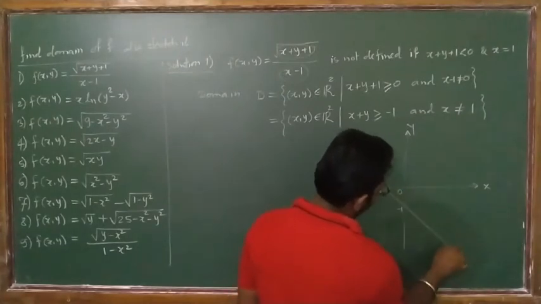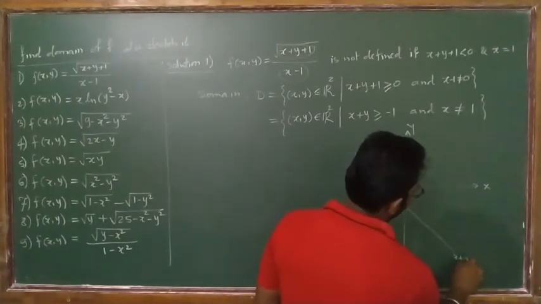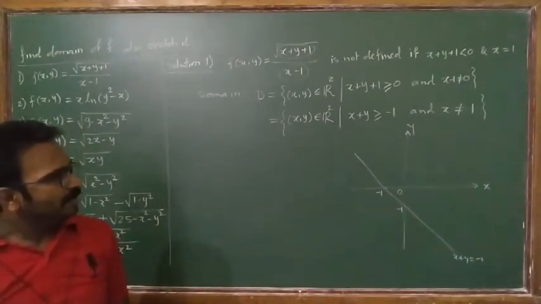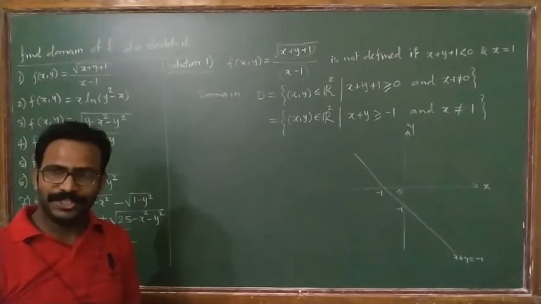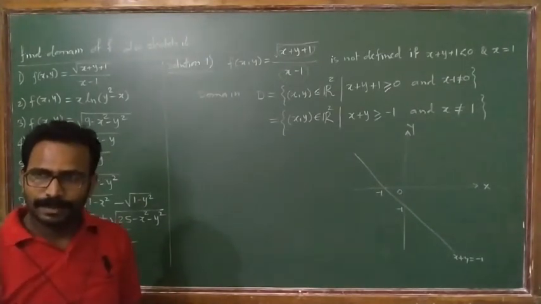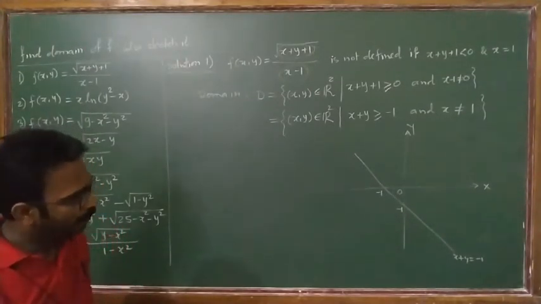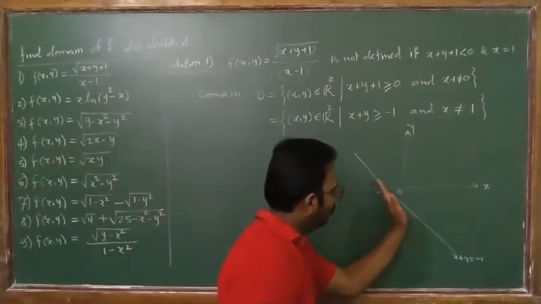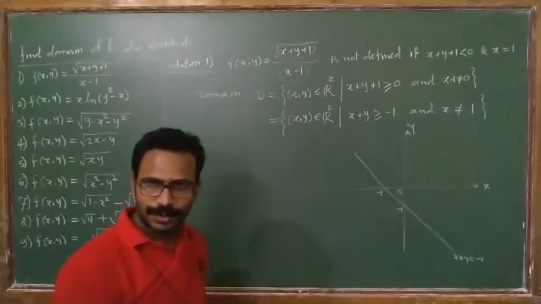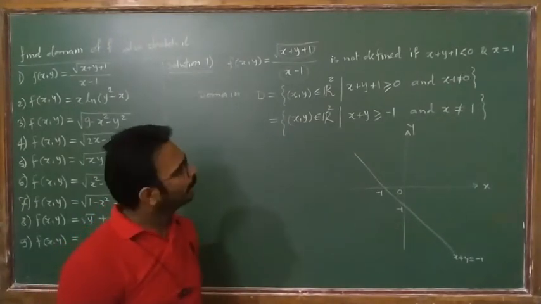So this is the line x plus y equal to minus 1. This line makes two divisions of the xy plane, below this line and above this line.